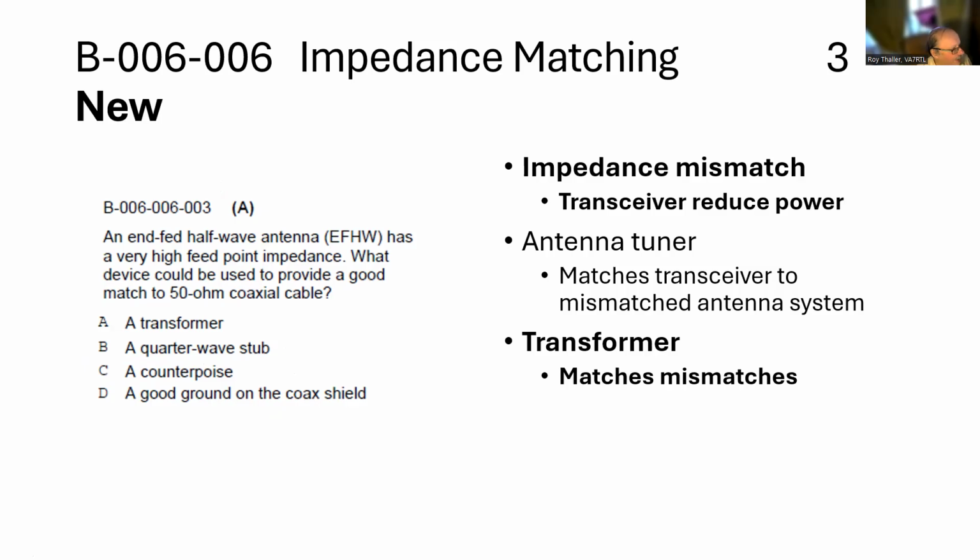An end-fed half-wave antenna has a very high feed point impedance. What device could be used to provide a good match with a 50 ohm coaxial cable? So when you look at all of these here, you would use some sort of transformer to match. So you would use an unun. So A would be the correct answer.